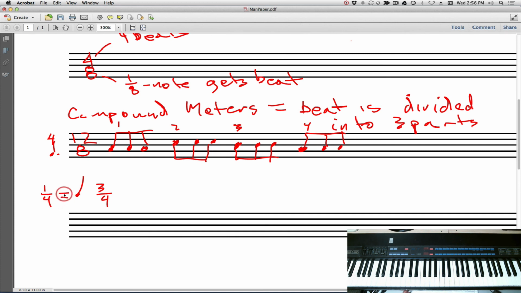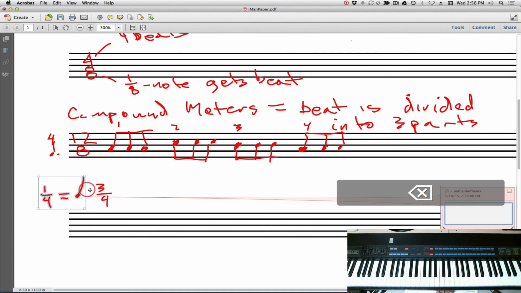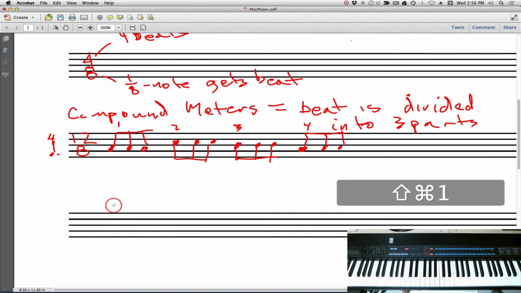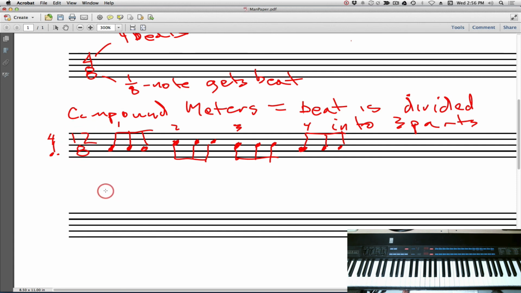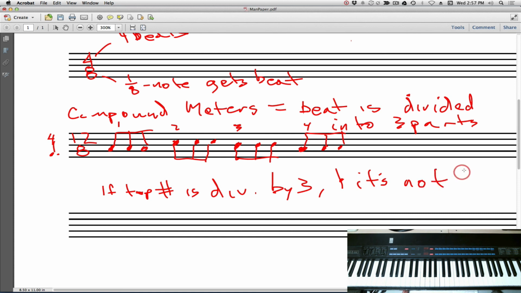And the way that you can remember that is you look at that top number. And if that top number is divisible by 3, and it's not 3, then it is a compound meter.